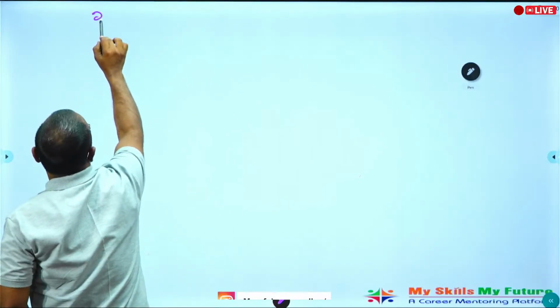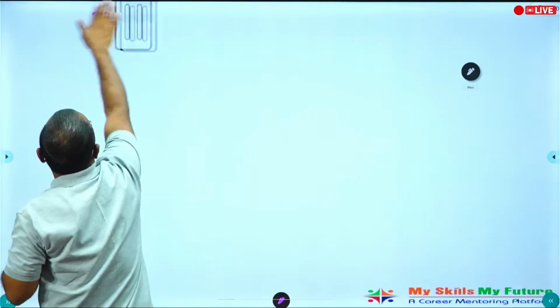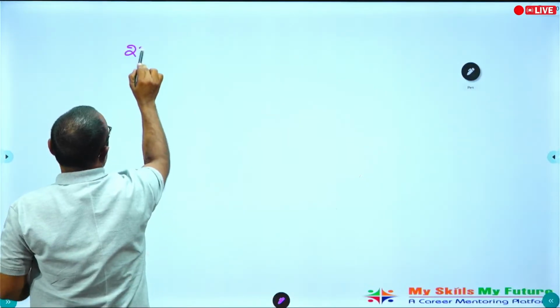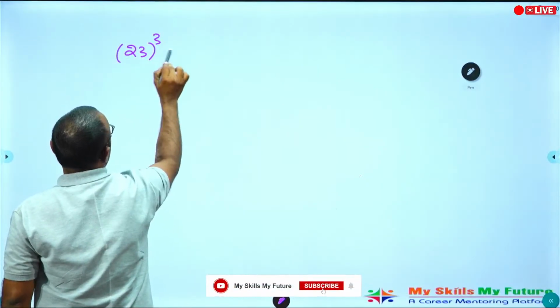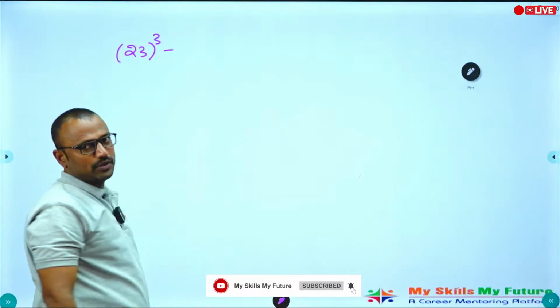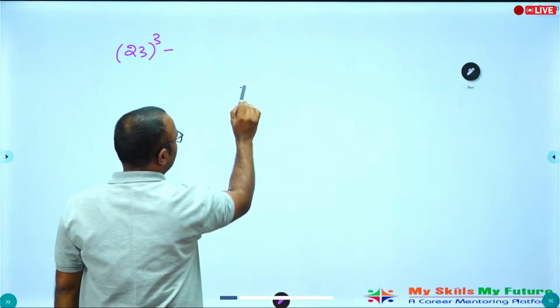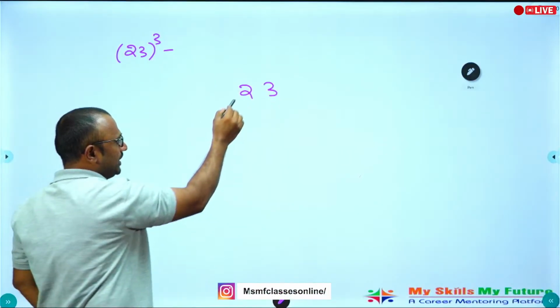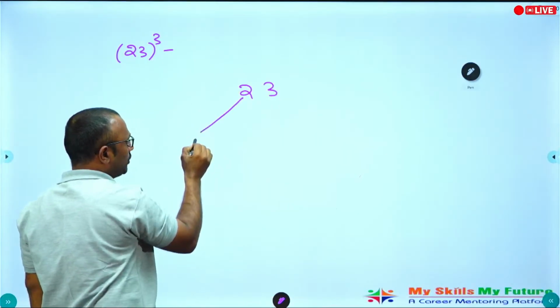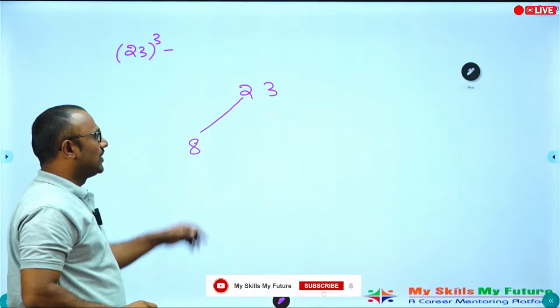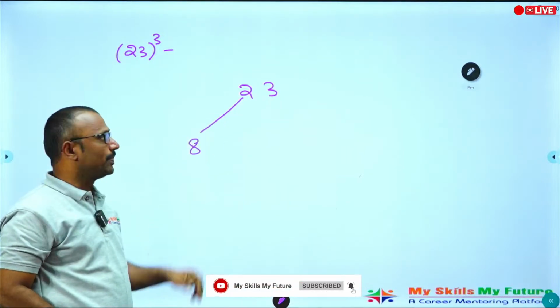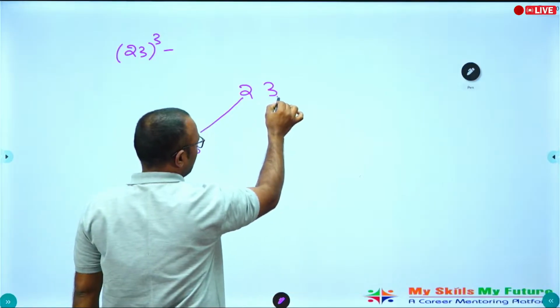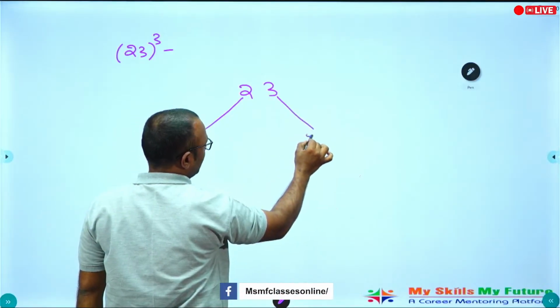First I will discuss 23 cube. So, how to find 23 cube? Write 23 here. The first digit is 2, write 2 cube, and the last digit is 3, write 3 cube, that is 27.